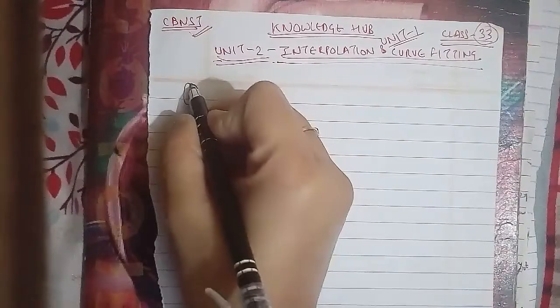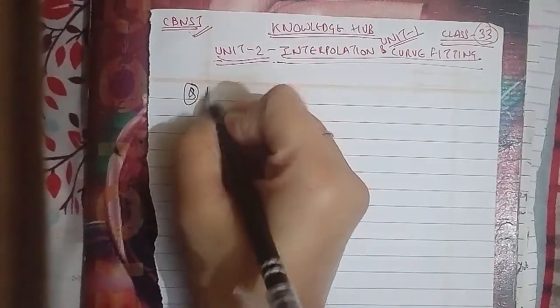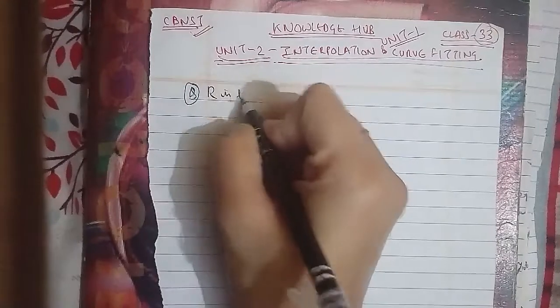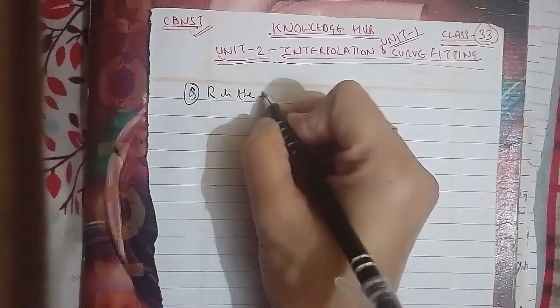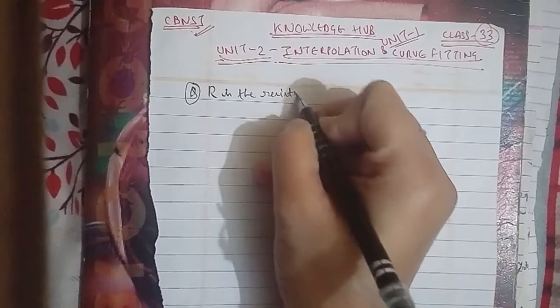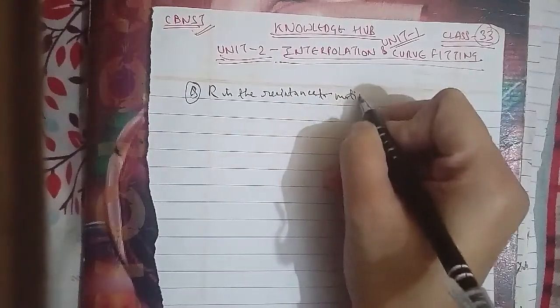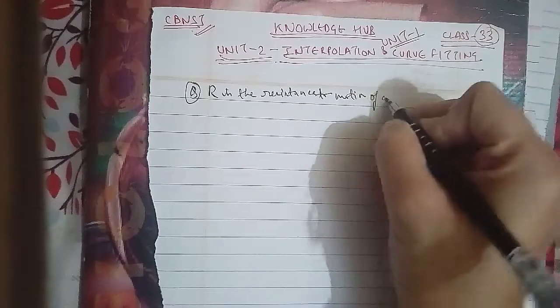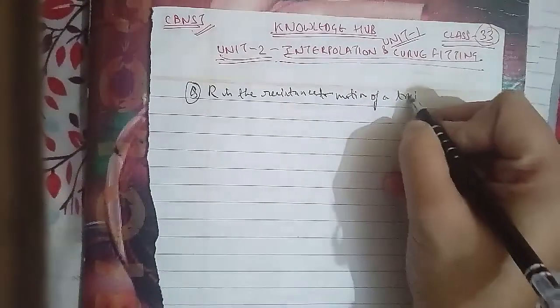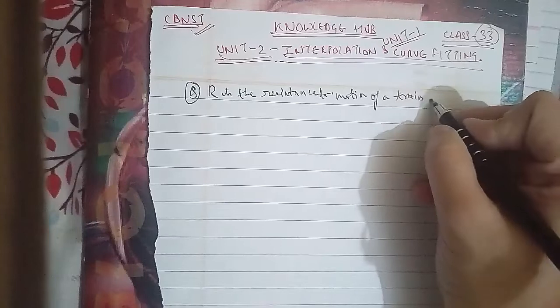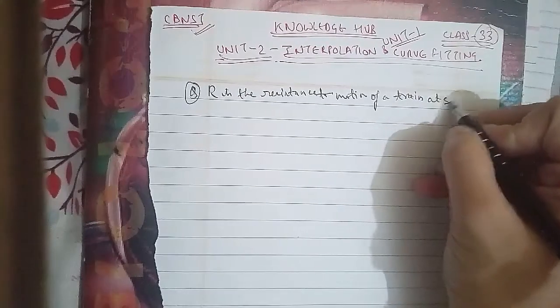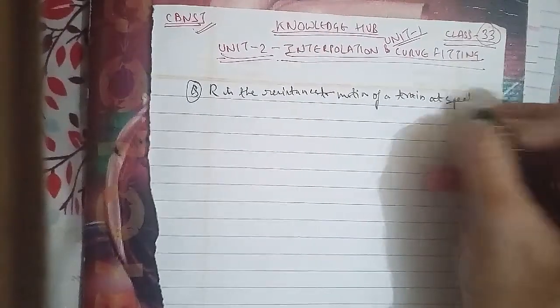The question we have here is: R is the resistance to motion of a train at speed v.